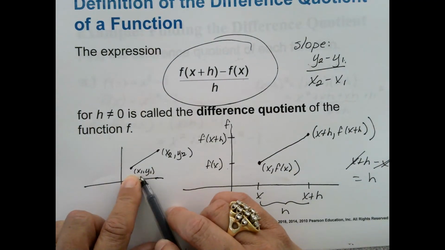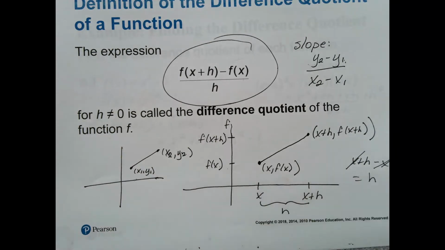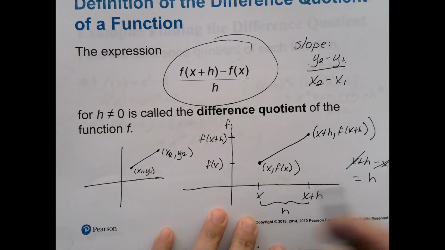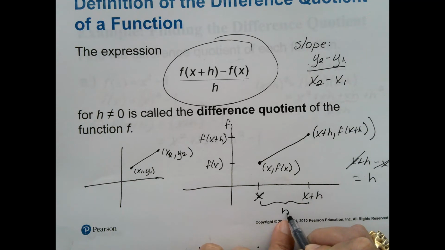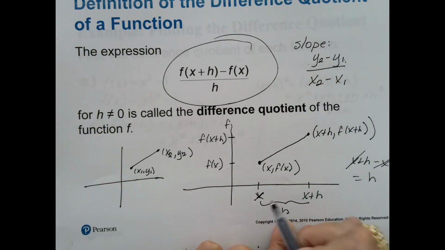Is that okay so far? Remember that? Now, generically, instead of talking about knowing the actual points, we can just say, let's say that my x is changing by some distance h. So I'm just going to say, how much am I changing x? So if I started at an x and I increase it by h, then my new x value is an x plus h.